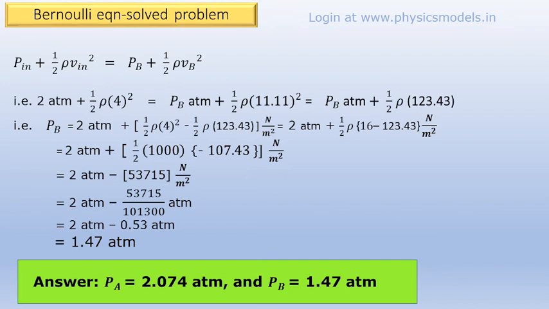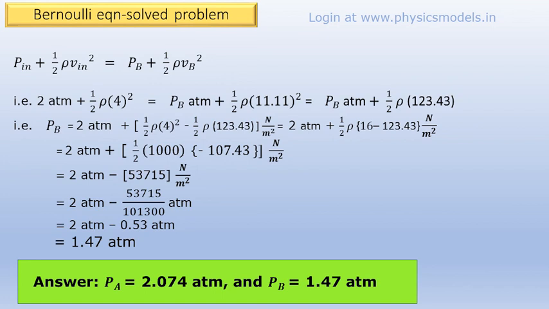That becomes negative. So very soon you get 2 atmospheres minus a term, which is in Newton per meter squared. That's 53,715. After this, we have to convert the Newton per meter squared into atmospheres. So we have divided 53,715 by 1.013 into 10 to the power 5, and so we get the term 0.53 atmospheres.